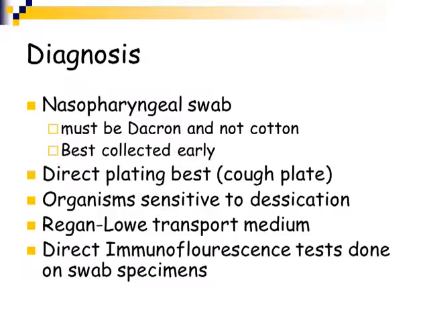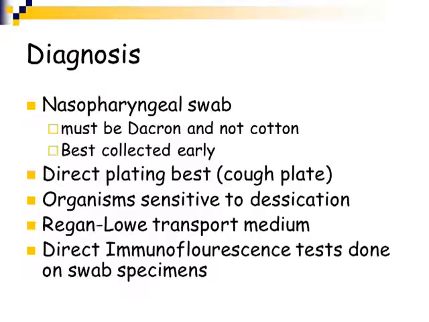Bordetella pertussis is classically diagnosed by symptoms. A child who hasn't been vaccinated, has the characteristic whooping cough, is pretty easily diagnosed. In the laboratory, you can get a nasopharyngeal swab.